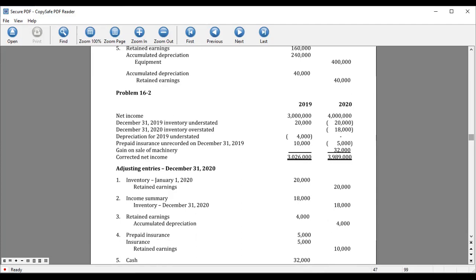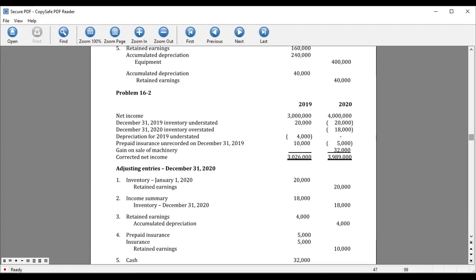So we now correct: the December 31, 2019 inventory is understated by the amount of 20,000. Meaning the ending inventory is understated. For 2019, we are going to add to net income, and for 2020, we are going to deduct.